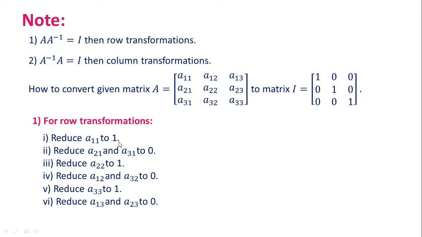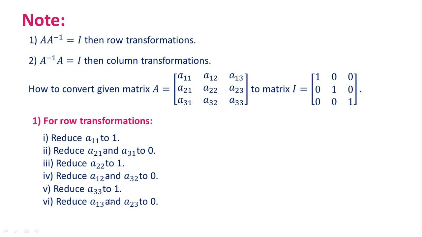So these are the proper steps. If you want to convert this matrix to this matrix, then you have to convert A11 to 1, then these two to 0, then A22 to 1 and these two as 0, then this A33 to 1 and these other two as 0.